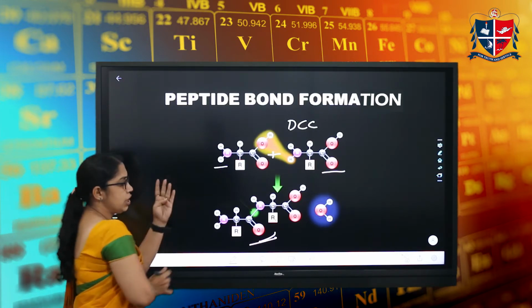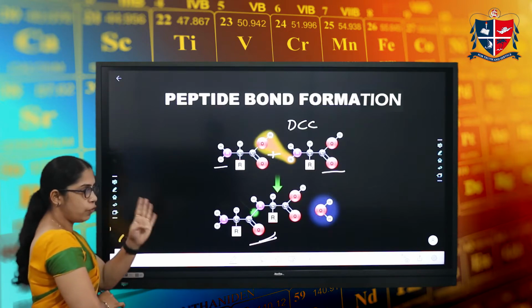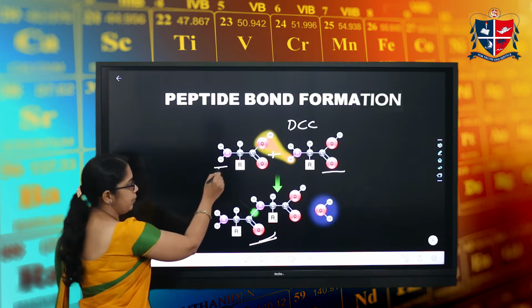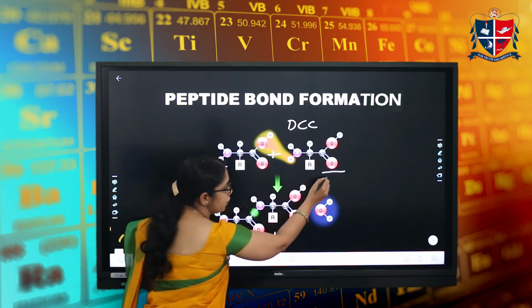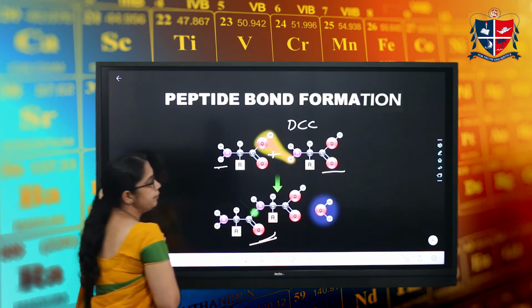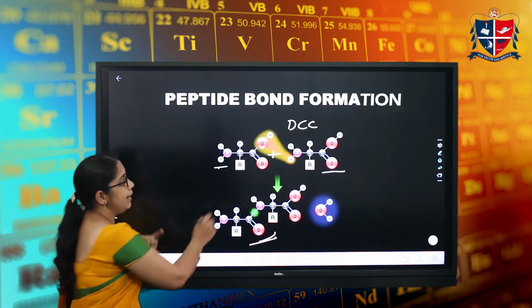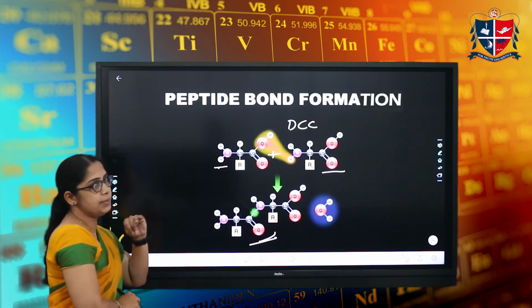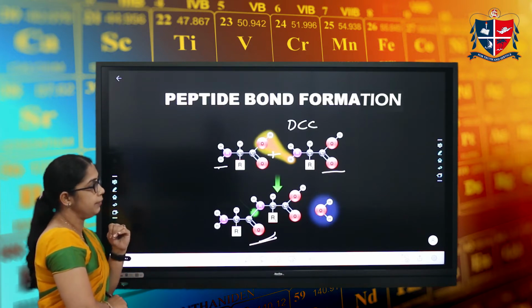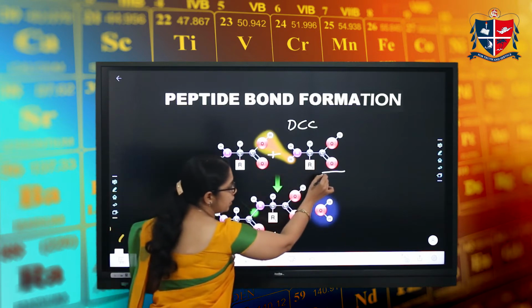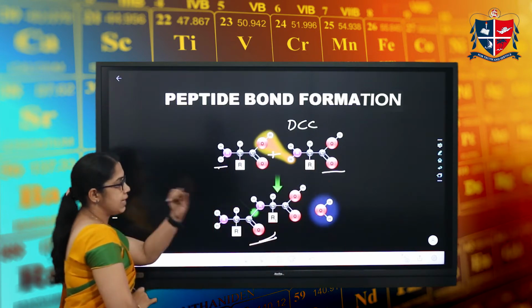Here also there are 4 different steps. First is the protection of the NH2 group of the first amino acid. Second is the protection of the COOH group of the second amino acid.